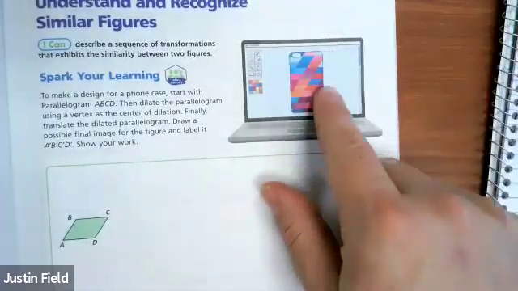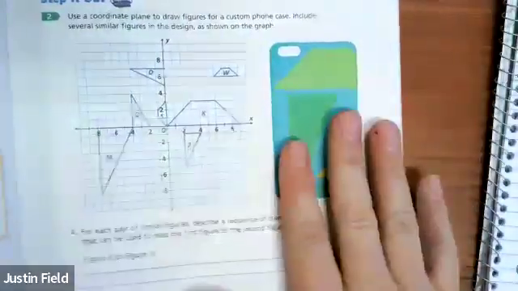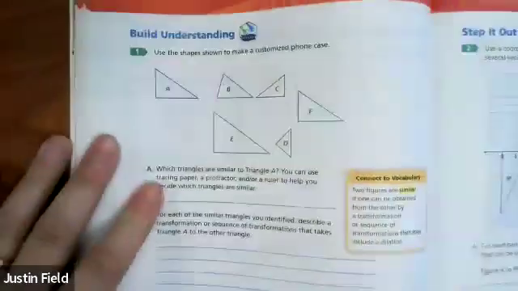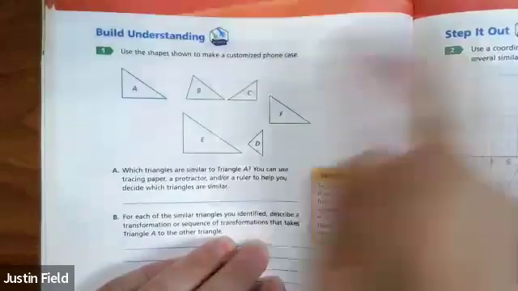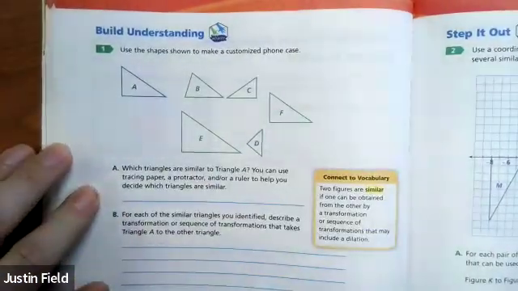And then we can make a pattern and design a phone case. But we're not going to actually do that. What we do need to look at is, given several shapes, how can we tell if they are similar?